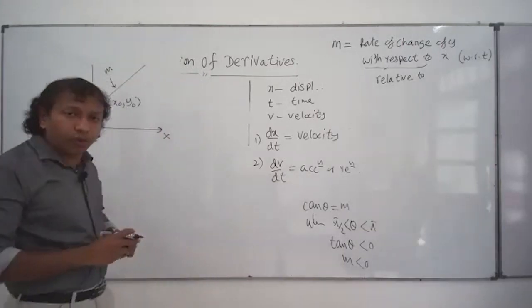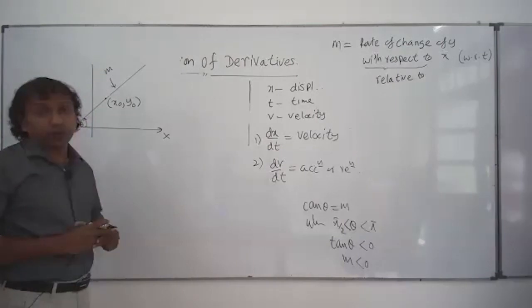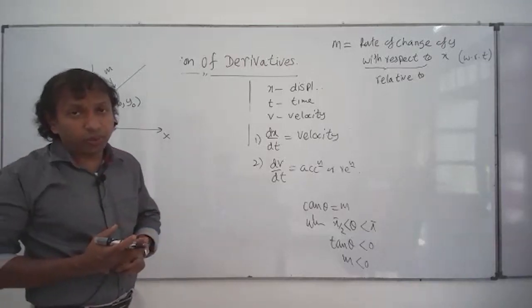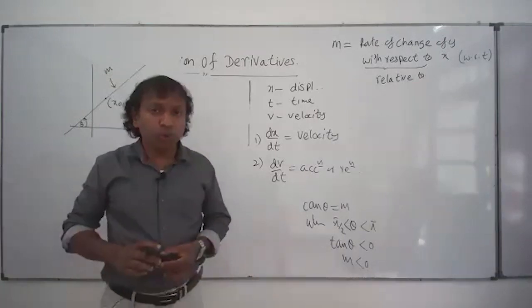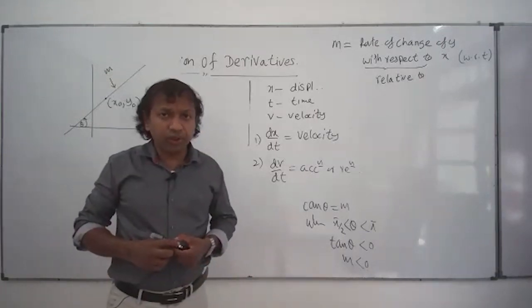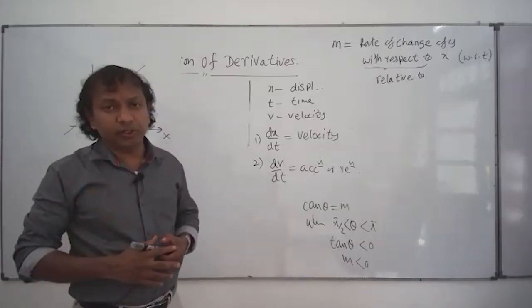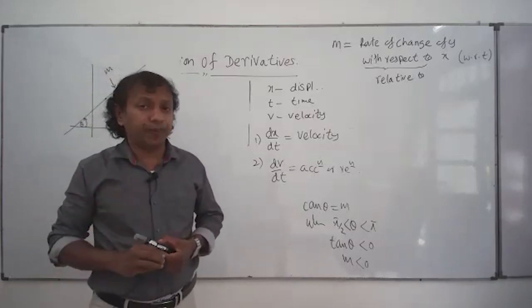Now we are asked to find the equation of the straight line. What are the things we are given? The gradient of the line, and another point on the line. A point has two coordinates, the x coordinate and the y coordinate, and both are given. Now we are asked to find the equation of the straight line.